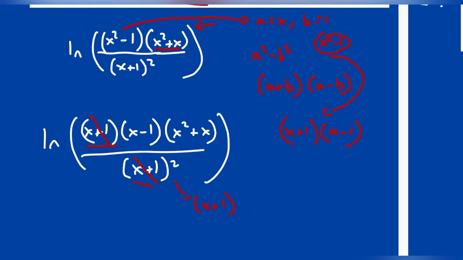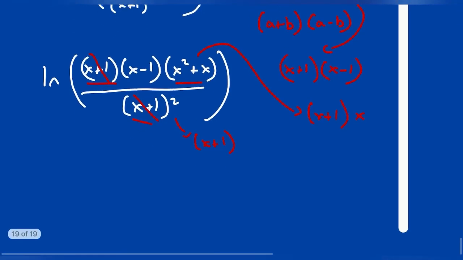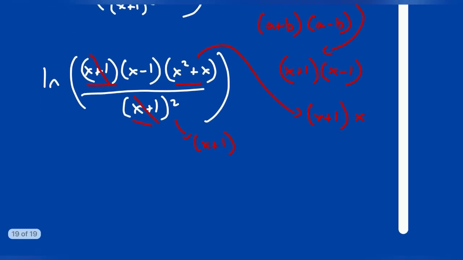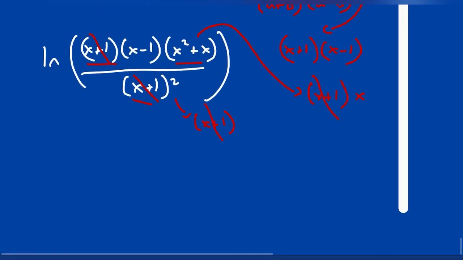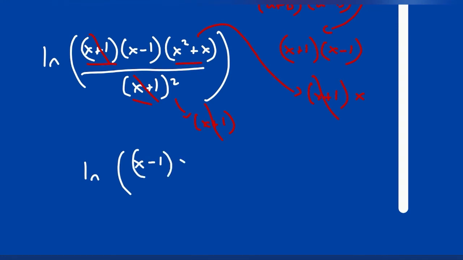So to remove this x plus 1, I can then rewrite this as x plus 1 into something. So then logically, it would be x plus 1 into x, because this x plus 1 into x would give me this. So again, if I were to remove this and this, that would leave me with ln x minus 1 x over 1, which is the same thing.